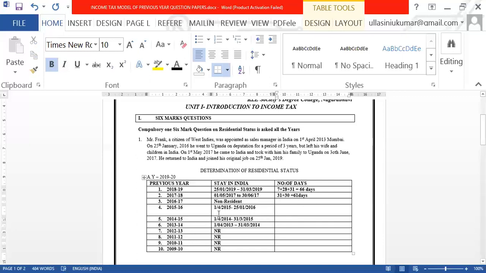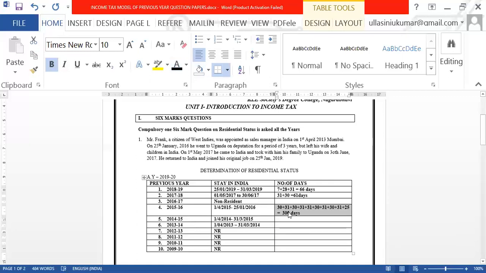So then moving on to 15-16, he has stayed from 1st April 2015 to 25th Jan 2016. So what will be his stay in India for such year?